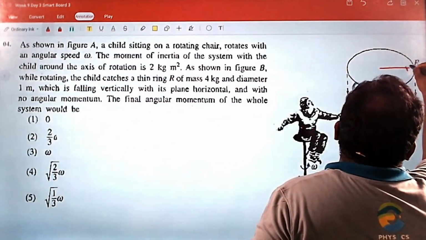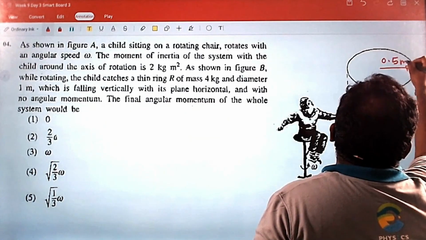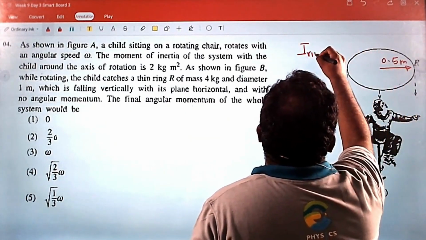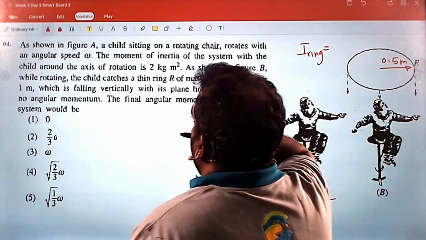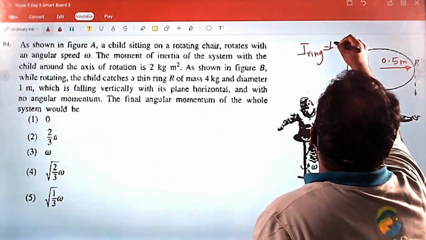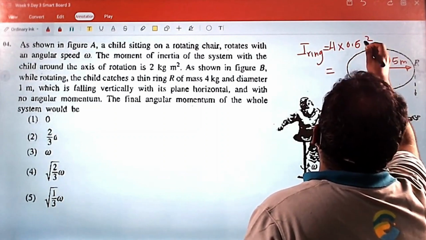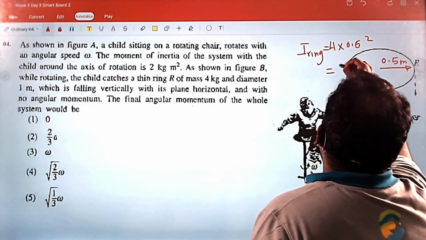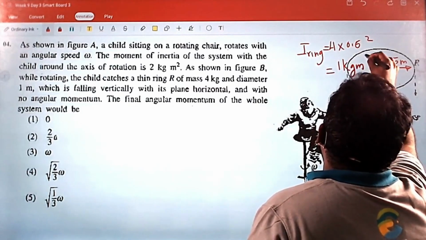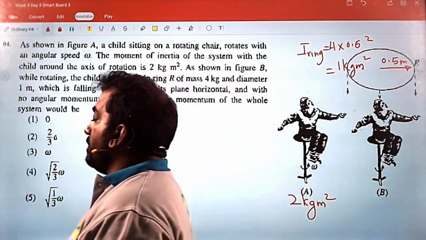So diameter 1 means radius is 0.5. From here, the moment of inertia of the ring is mass 4 kilogram times 0.5 square, so 0.25 times 4, 1 kg m square.